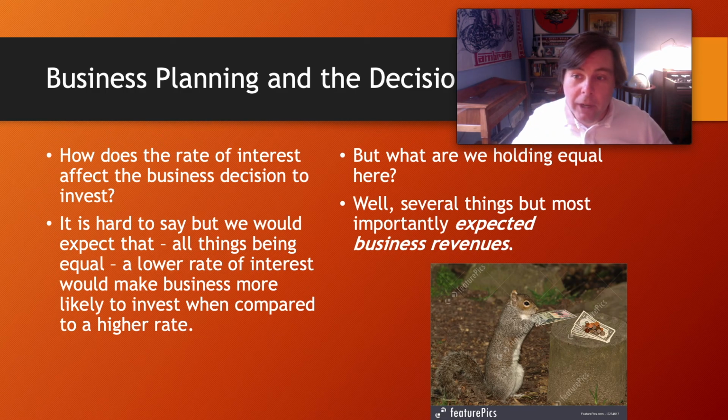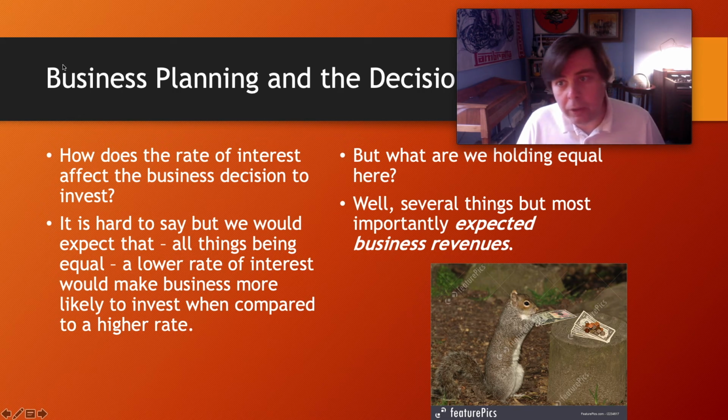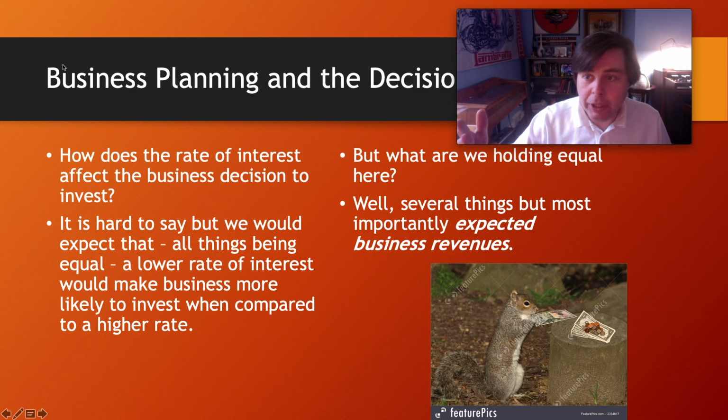If I'm using my own capital and interest rates are very low, then what I could have gotten to let other people use that is very little. If I'm borrowing from others, then it's fairly straightforward. Lower rate of interest, lower cost of business investment, as well as lower return in general on other types of assets.